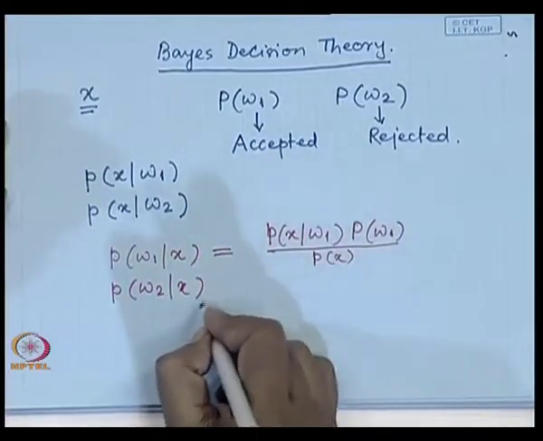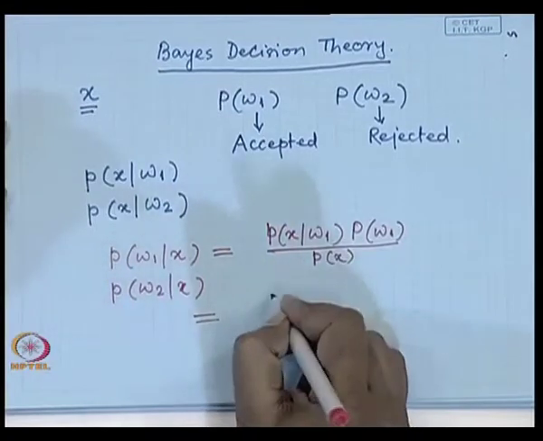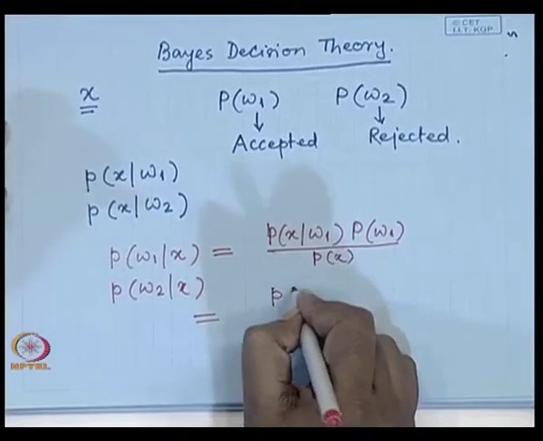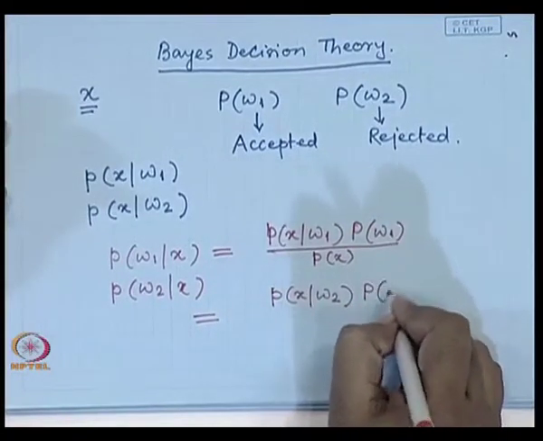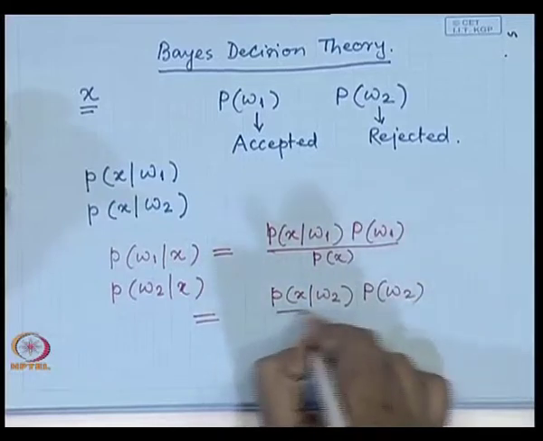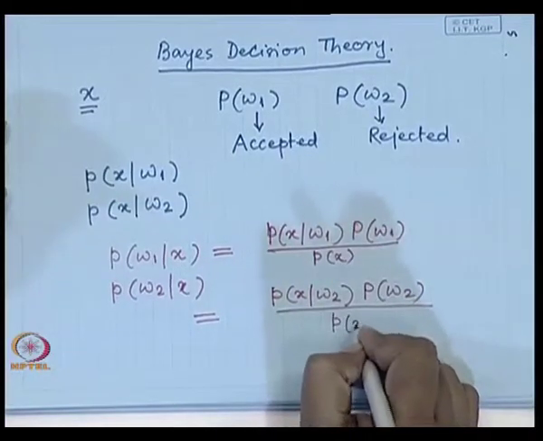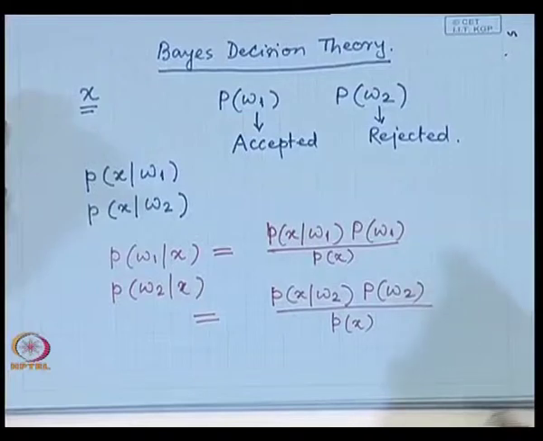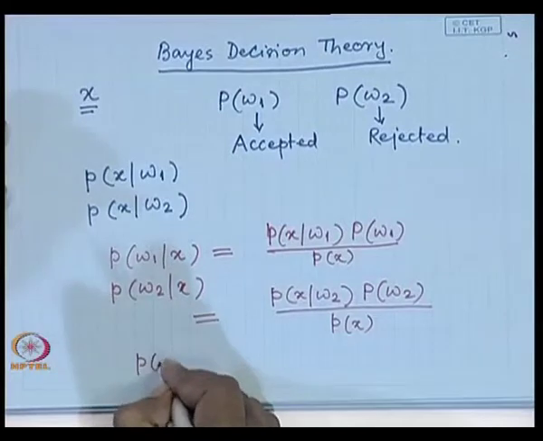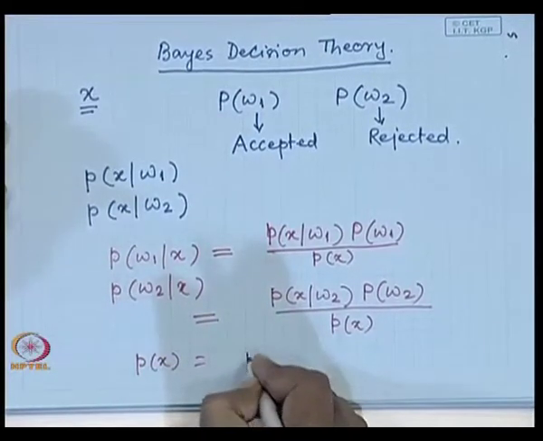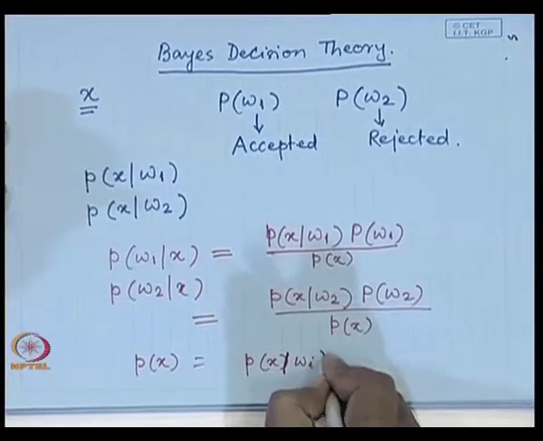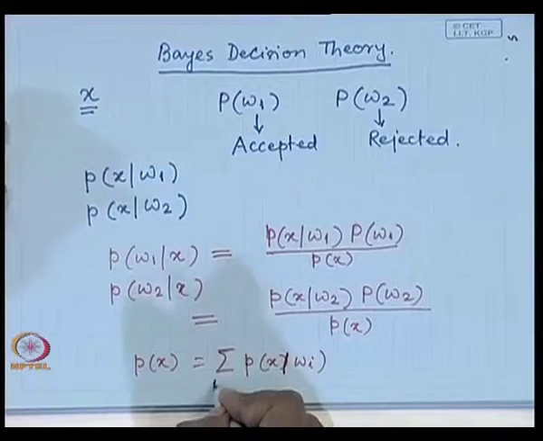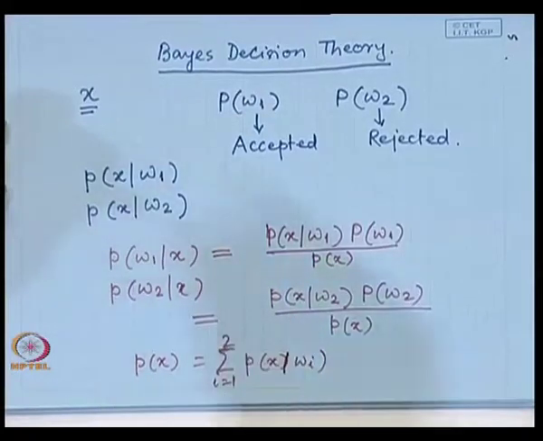Similarly, P of omega 2 given x is nothing but P of x given omega 2 into P of omega 2 upon P of x, where you find that P of x appears in the denominator of both expressions. This P of x is nothing but the summation of P of x given omega i into P of omega i, for i equal to 1 to 2.